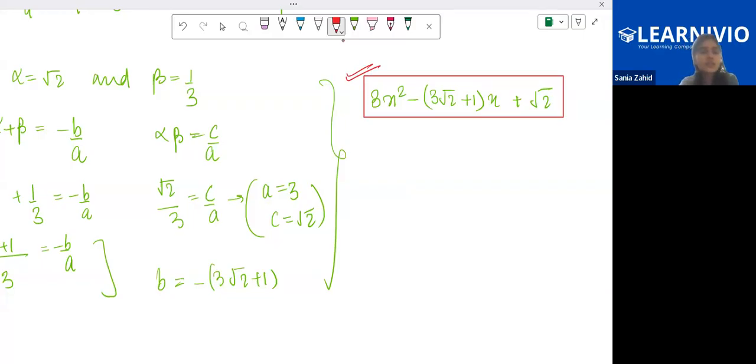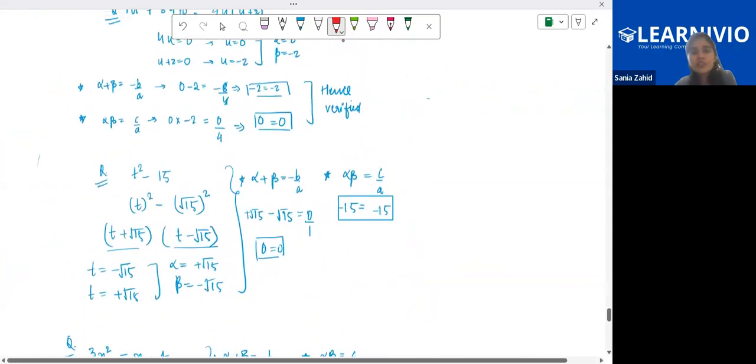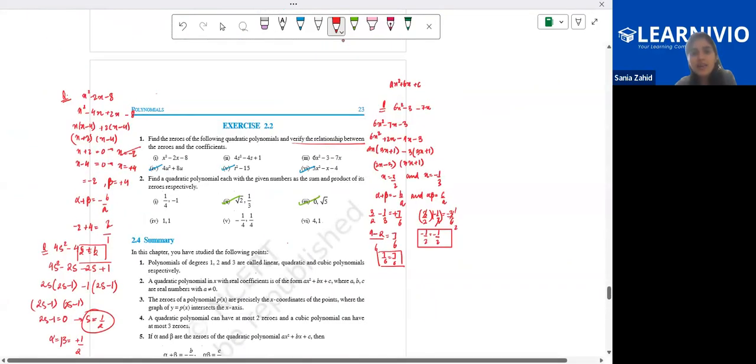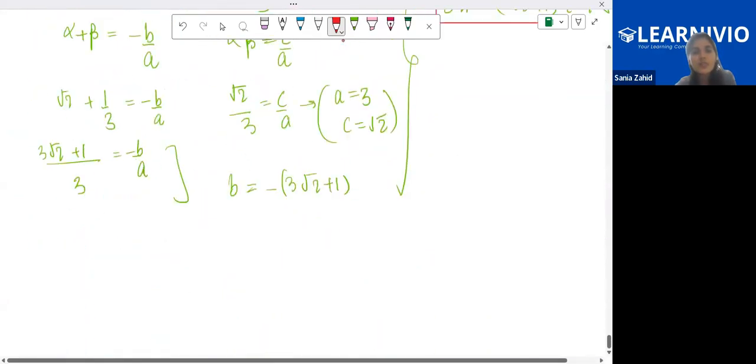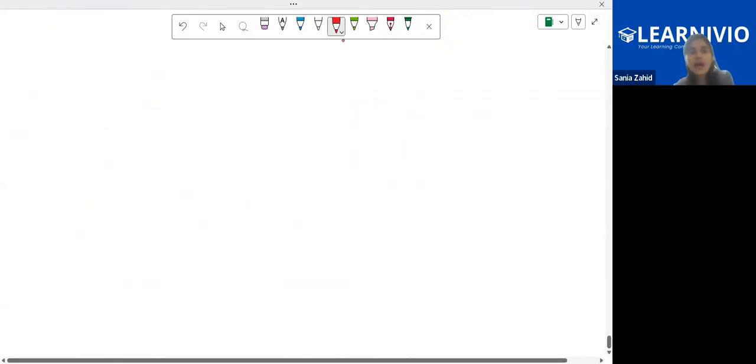Okay, understood? For the next one, what is alpha and beta? Alpha is 0, beta is root 5. Okay. So alpha plus beta is written as negative b by a.